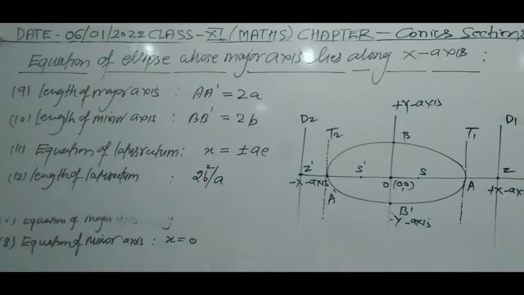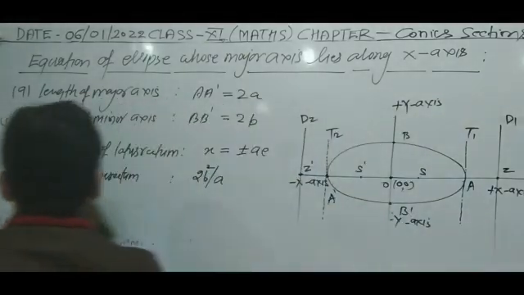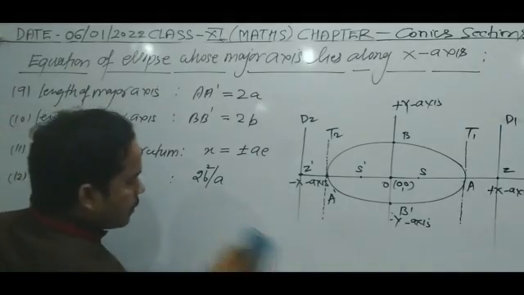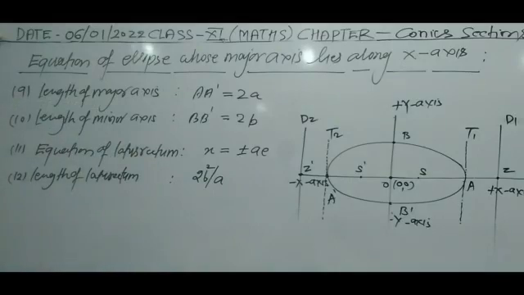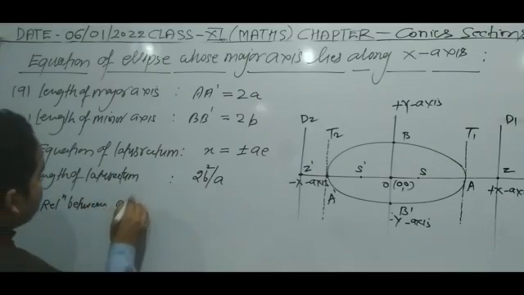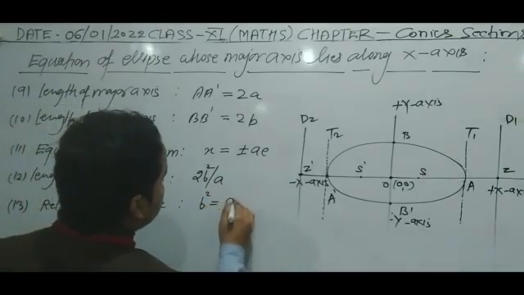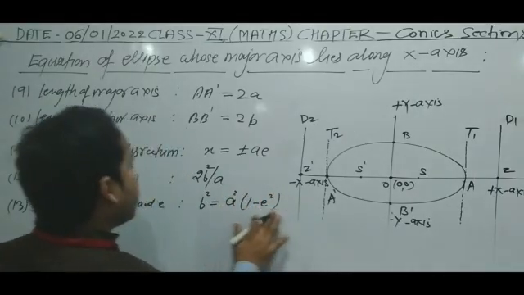Now 13th is the relation between a, b and e, that is b square is equal to a square times bracket 1 minus e square. Now this is the relation.